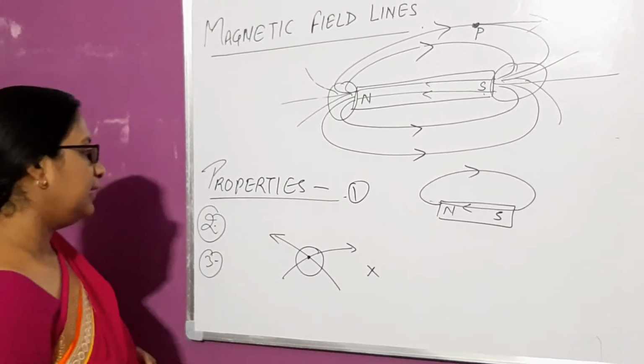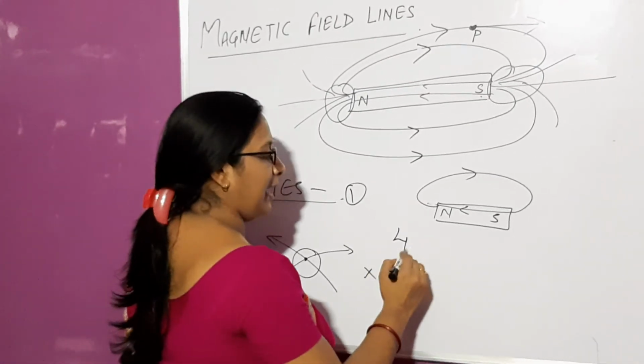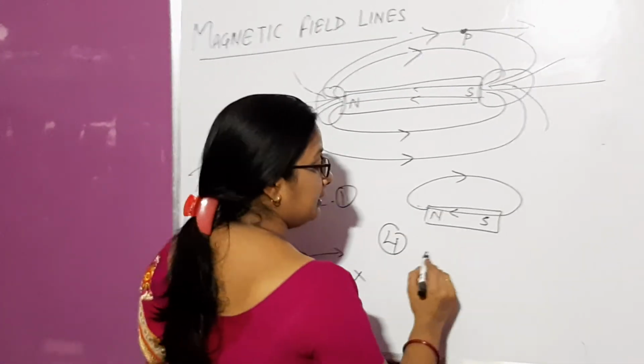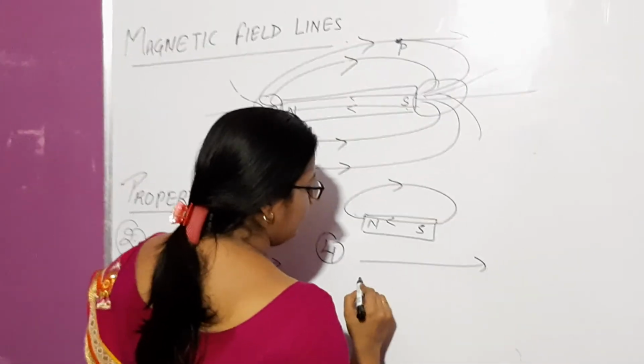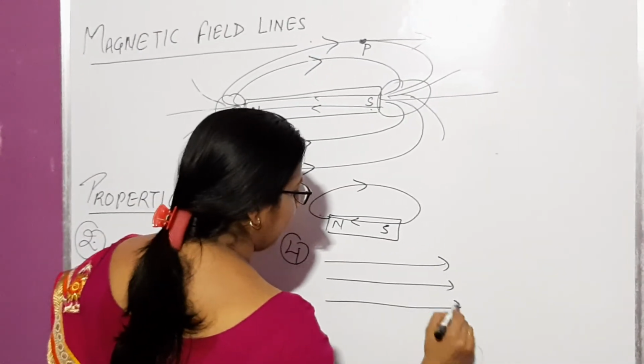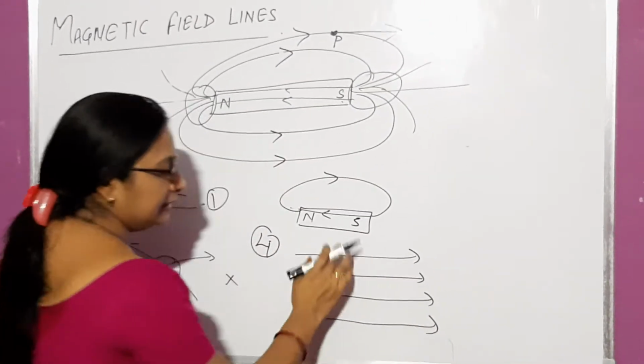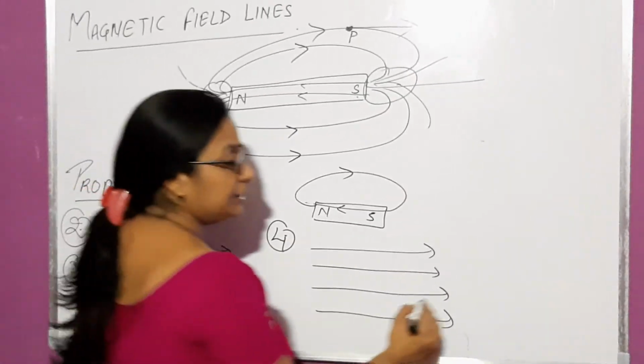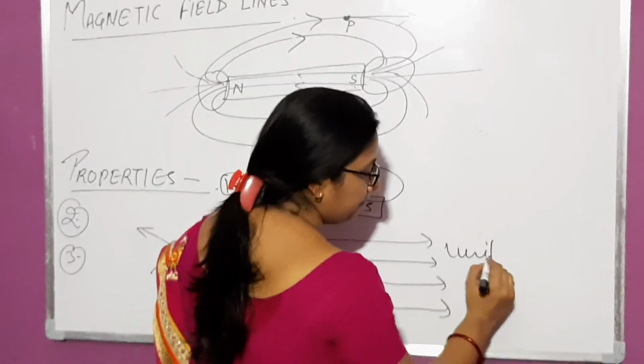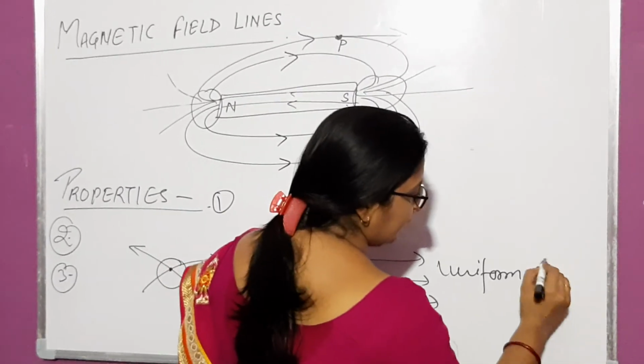Fourth property of magnetic field lines: when the magnetic field lines are parallel and equidistant, they represent a uniform magnetic field.